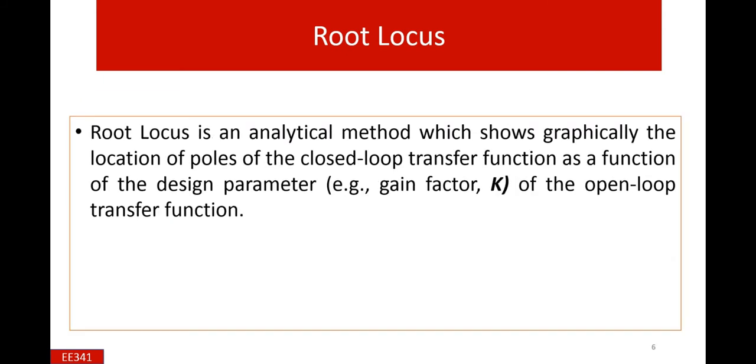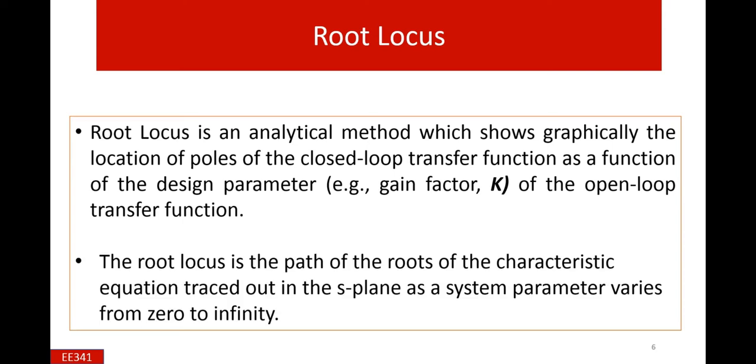Root locus is an analytical method and a graphical representation of the closed loop transfer function, using a design parameter, which is usually the gain factor, when the open loop transfer function information is given. It is the path of roots.